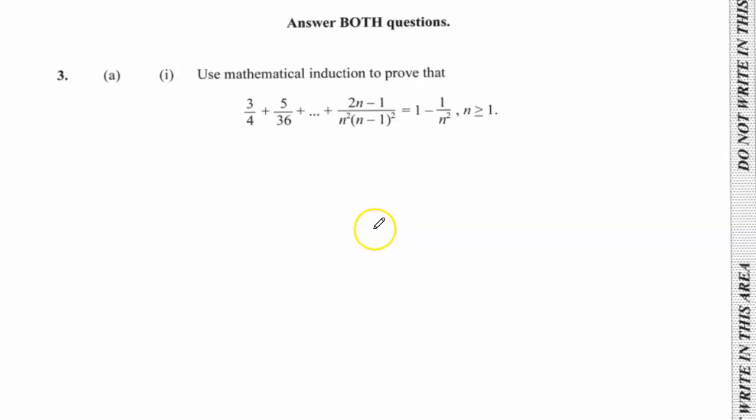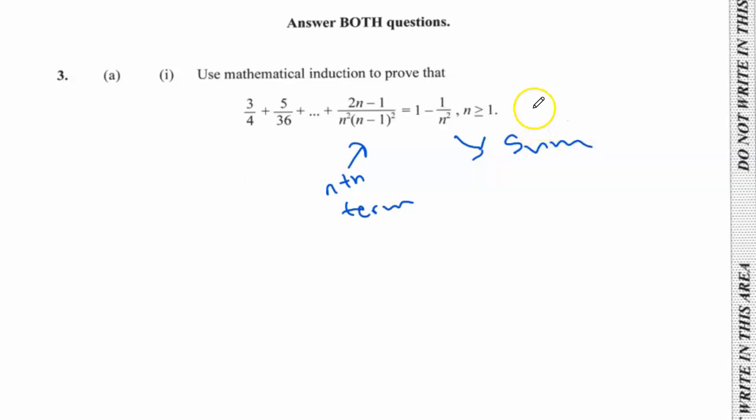Induction to prove that, and we have an expression there. So we now begin at 1. So when n is 1, but wait, notice when n is 1, this thing is undefined. Remember the formula on the left gave us what we call the nth term, and the formula on the right hand side gives us the sum of the first n terms.